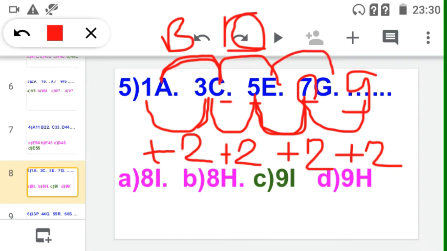Like that only, between E and G, F is dropped, meaning one alphabet is dropped.